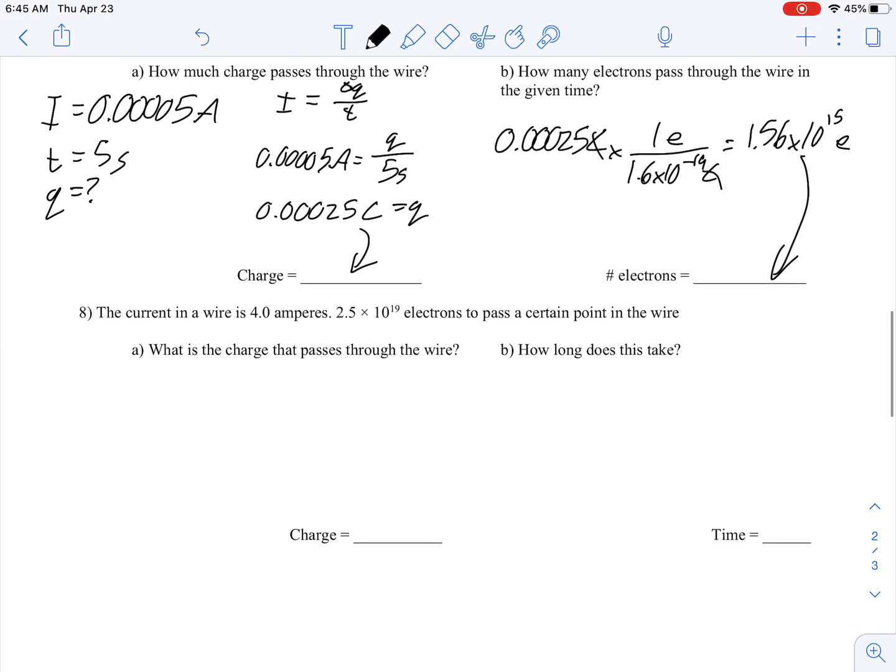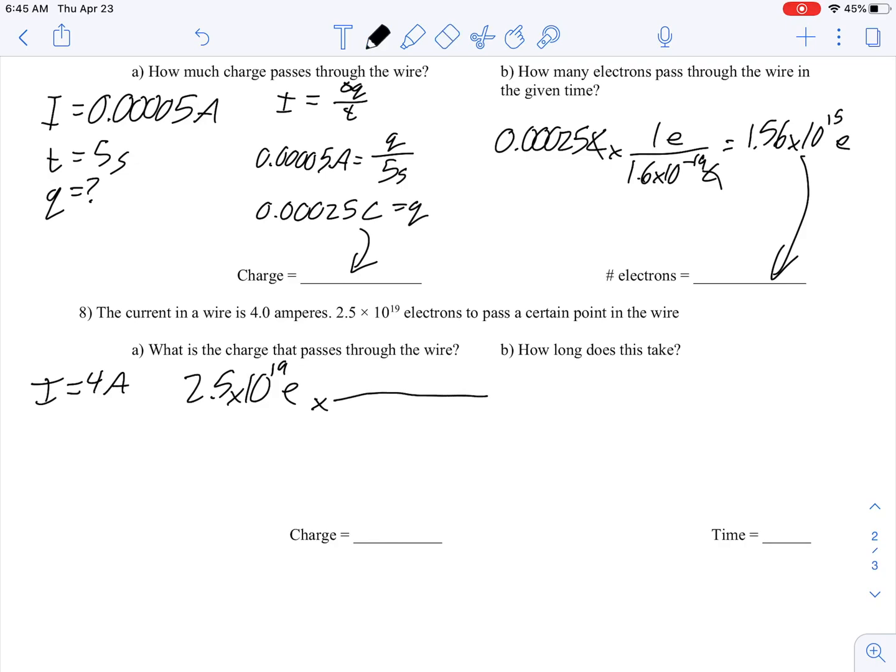All right. The current through a wire is 4 amps. And we have a lot of electrons. So to get Q, first thing we have to do is find out how much charge we have. So we have 2.5 times 10 to the 19 elementary charges. I wasn't very careful, that's elementary charges. Okay. So now things are a little bit different.